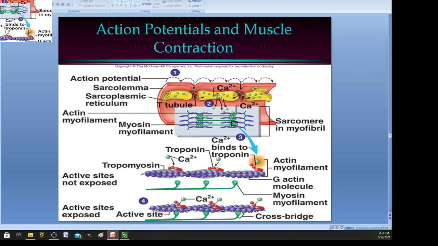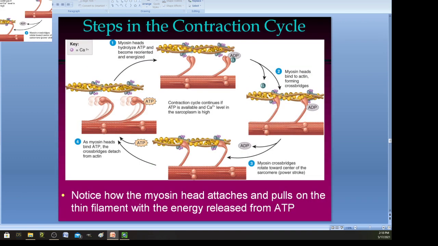The sarcoplasmic reticulum is going to release its calcium, and that calcium is going to flood into the sarcomeres, and the calcium is going to bind to troponin, this regulatory protein, and move it. See how the troponin is actually blocking the actin from the myosin? The calcium moves it so the actin and myosin can bind together, right? That's called a cross bridge. Now, what that does is it kicks us into this contraction cycle.